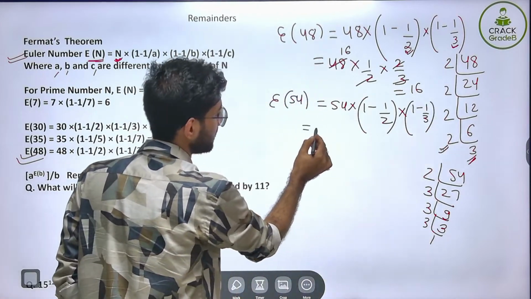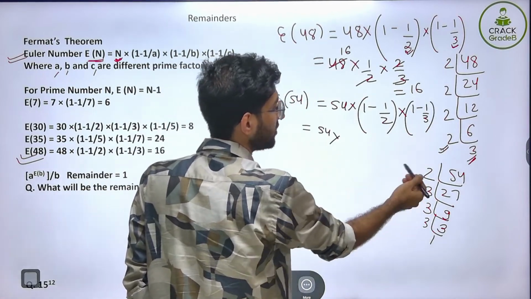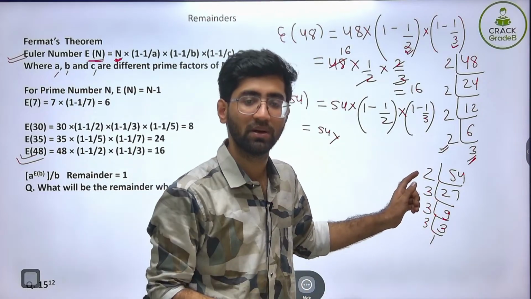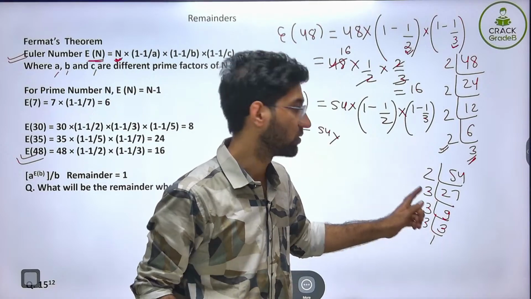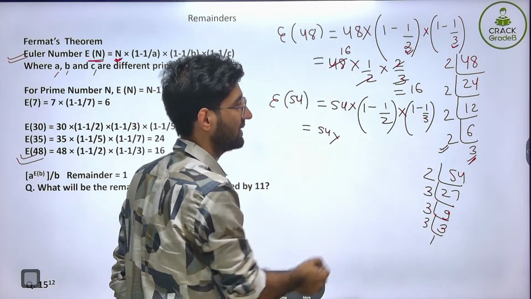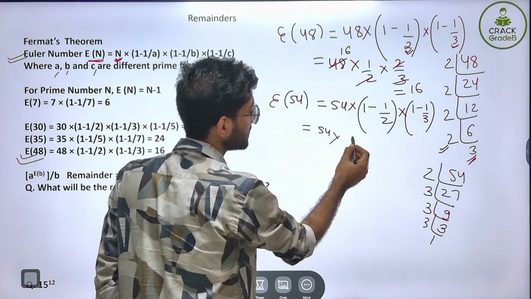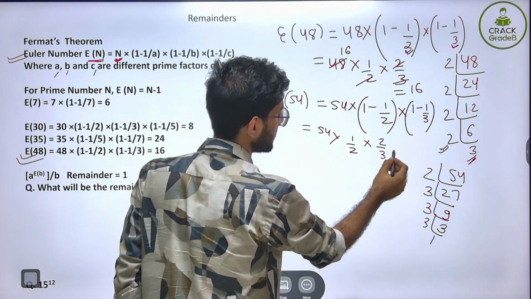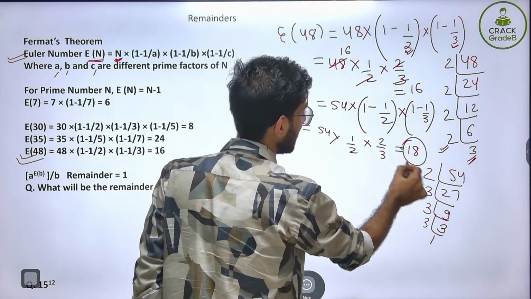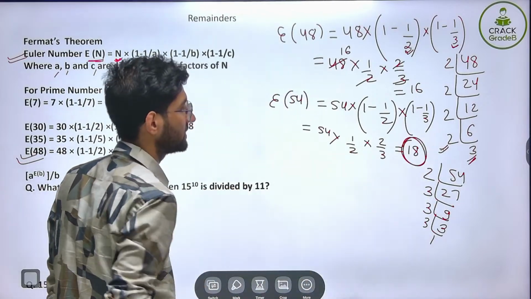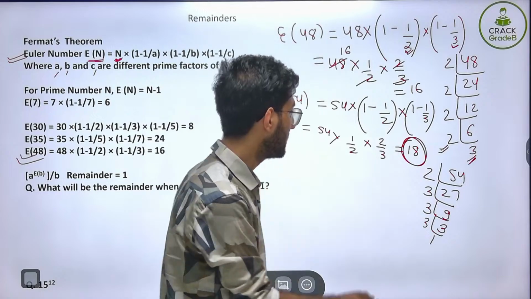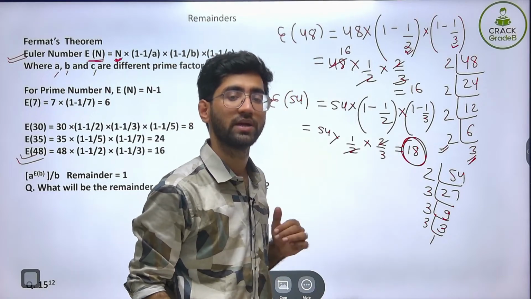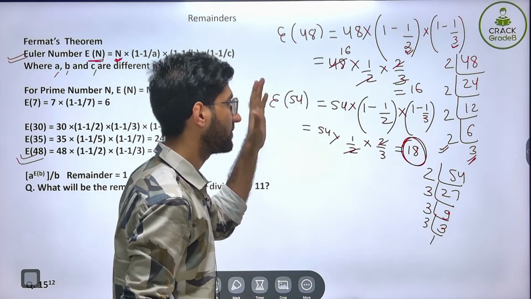Are you able to notice any other prime number except 2 and 3? No. So this is equal to 54 into 1 by 2 into 2 by 3. If you simplify it, 2 and 2 will cancel each other, so 54 by 3 is equal to 18. So the Euler number of 54 is 18.